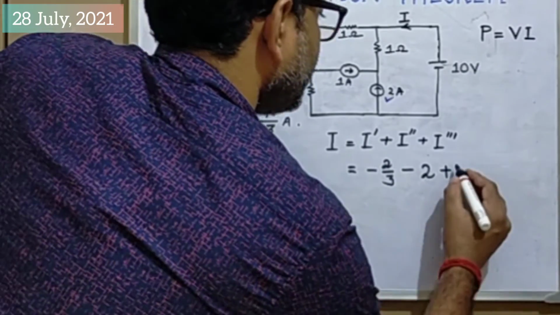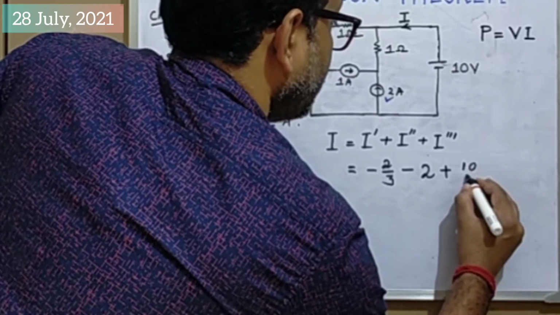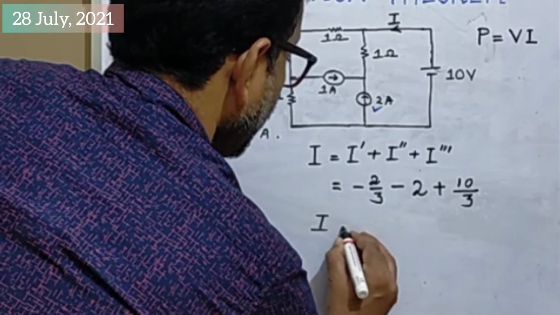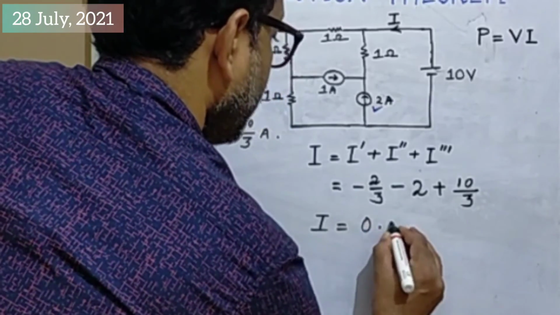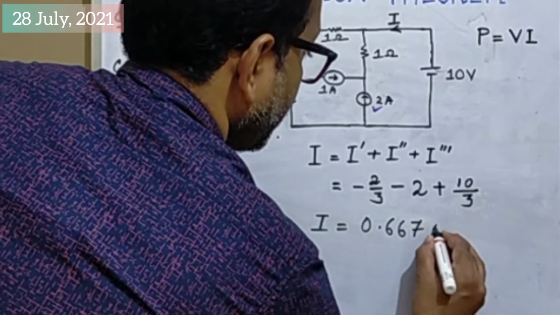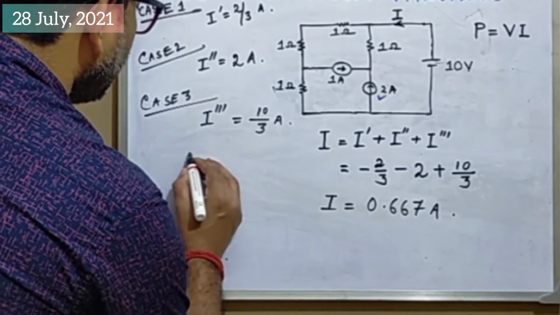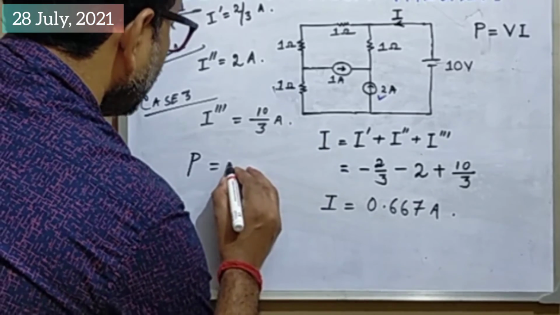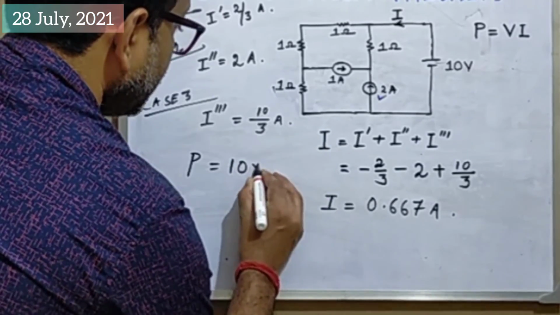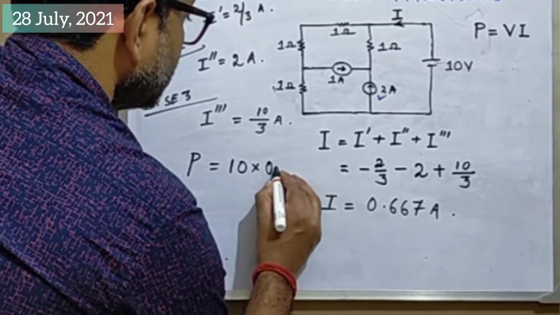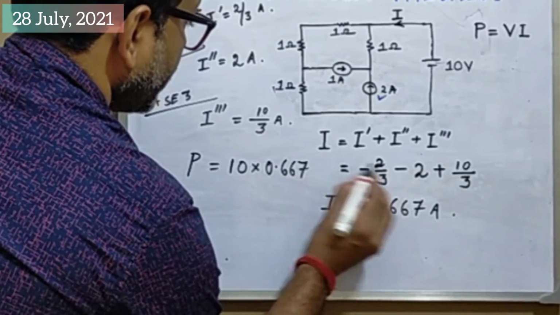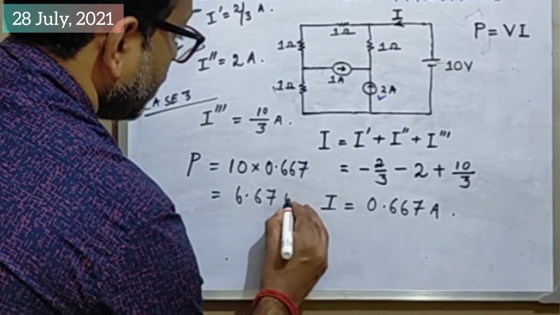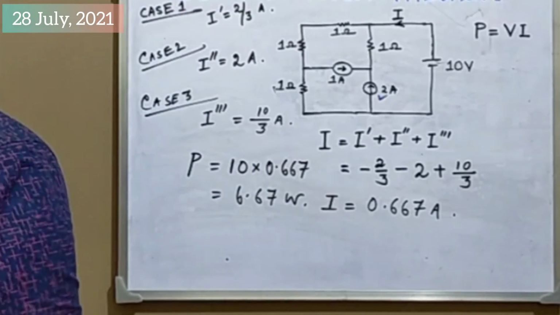So I triple dash equals plus 10 by 3. Therefore, I equals 0.667 amperes. Now power P equals VI, where V equals 10 volt, and current I equals 0.667 ampere. That means 6.67 watt. That is the answer.